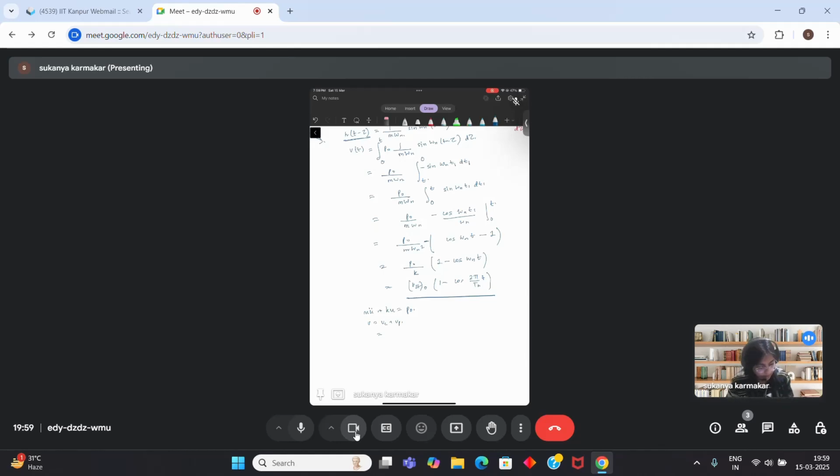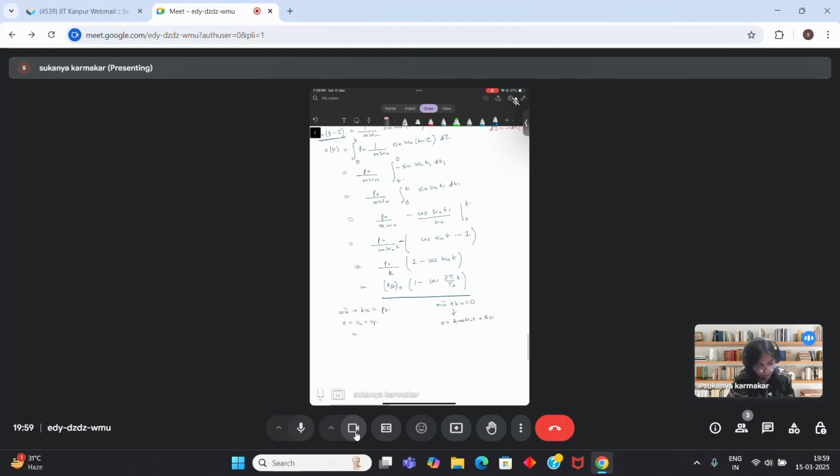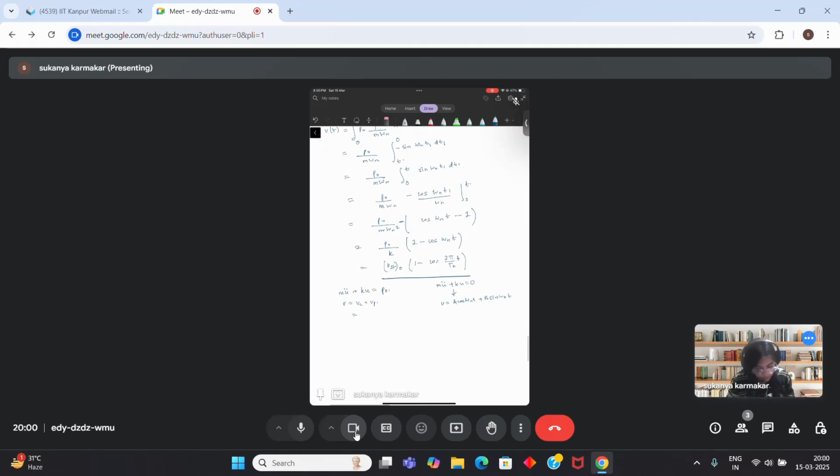U complementary is the solution of m u double dot plus k u equal to 0, and the solution of this is u equal to A cos of omega n t plus B sine of omega n t. And U particular will be nothing but P naught by K. Because if you substitute it back here, the double derivative of this is 0 and K into P naught by K is equal to P naught.